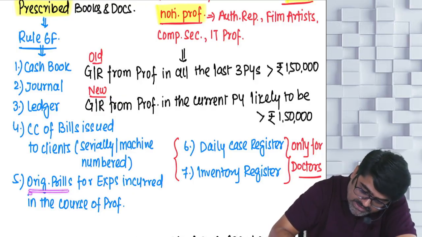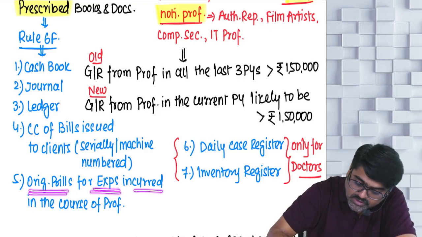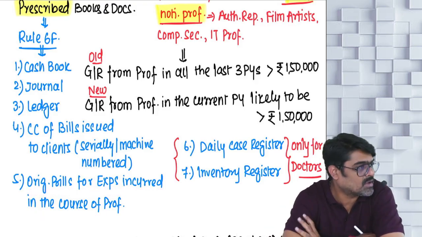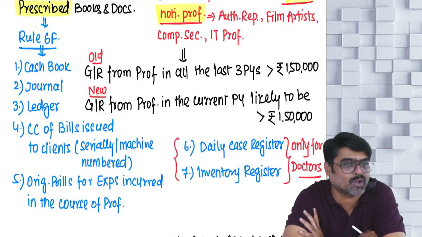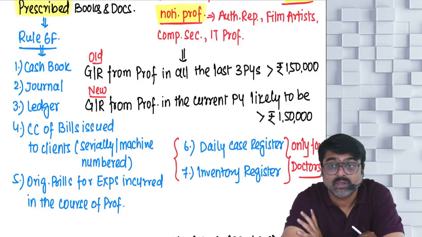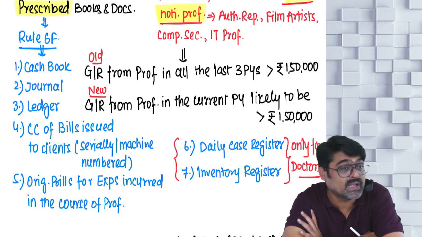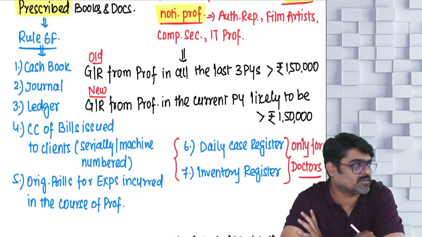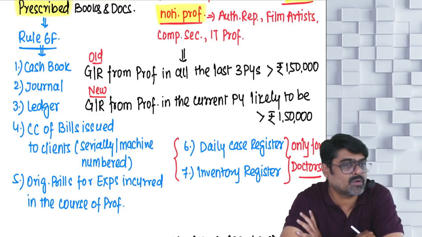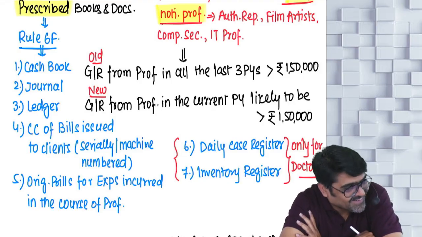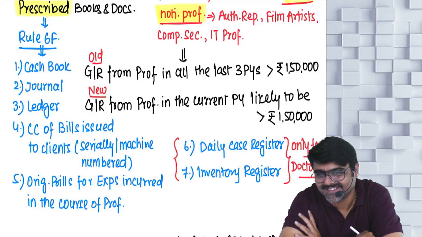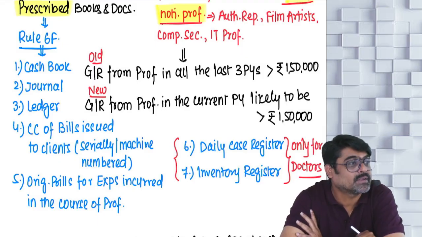And original bills for expenses which you have incurred in your profession. In your profession, you are incurring expenses also, no? For those expenses you are claiming deduction also, no? So for those expenses, you must have original bills. Compulsory. And if for certain expenses the bills are not available, and the amount of that expenditure is 25 rupees or more, then for them you must have payment vouchers.